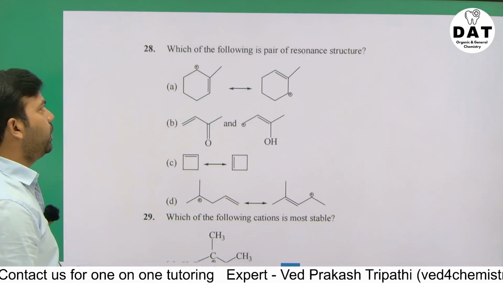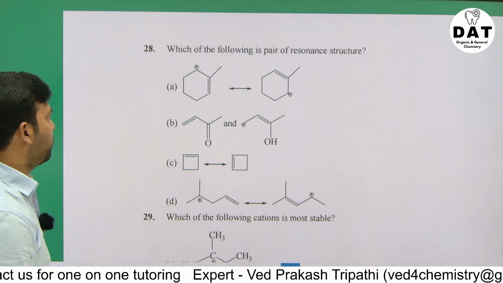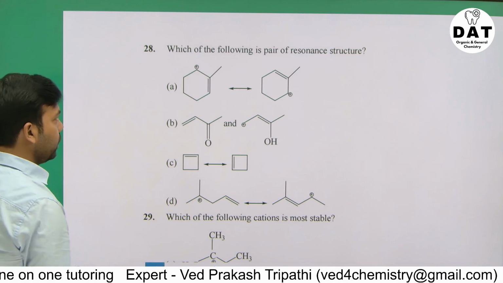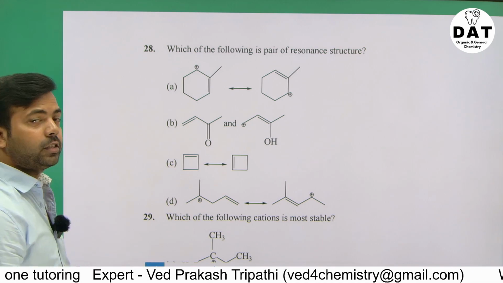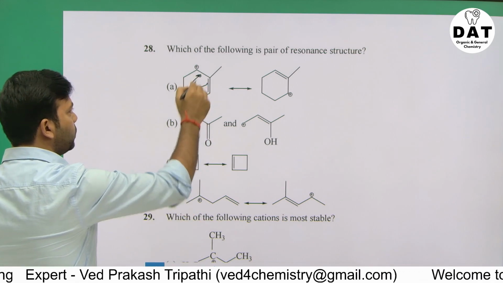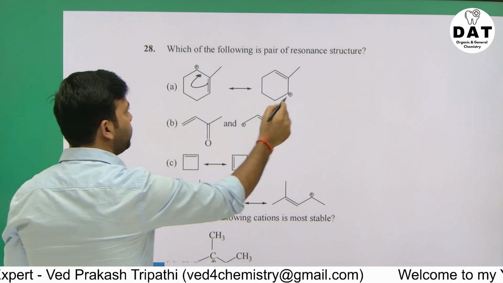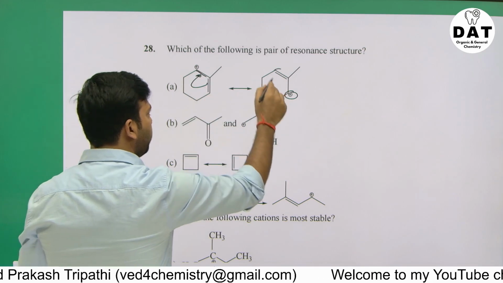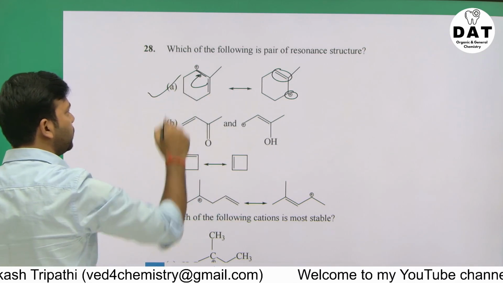Which of the following is a pair of resonance structures? Again, same thing. If you move the double bond towards the positive charge, there is a positive charge and this carbon has a bond, so there is a double bond, and this is the resonance structure.